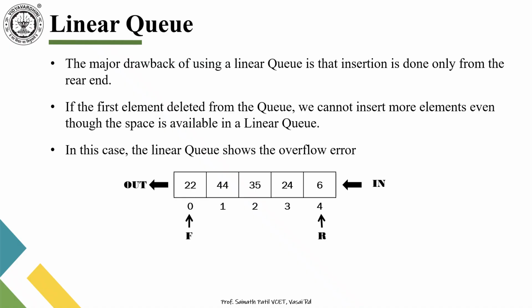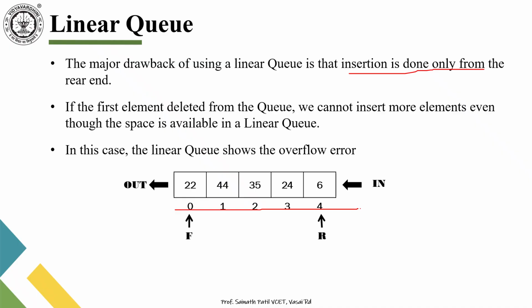Before going to circular queue, let's have a look at the limitation, or we can say drawback, of linear queue: insertion can be done only from the rear end. So in case of linear queue, now the situation is that this queue is full, so we cannot insert data.